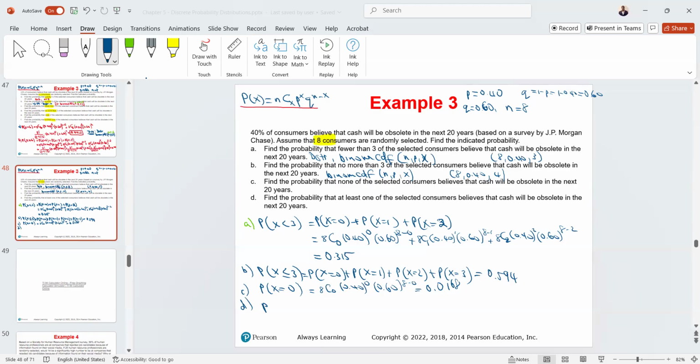At least one means the probability that X must be greater than or equal to 1. So you can do 1 minus the probability that X is equal to 0, since we already did 0. So it's 1 minus 0.0168. If you do it that way, the answer becomes much easier for us. If we subtract, the answer is 0.983.